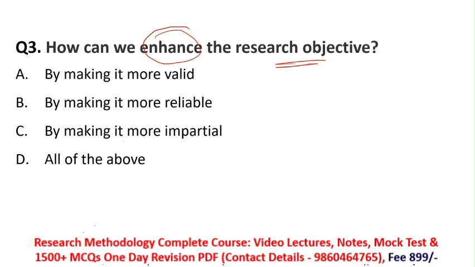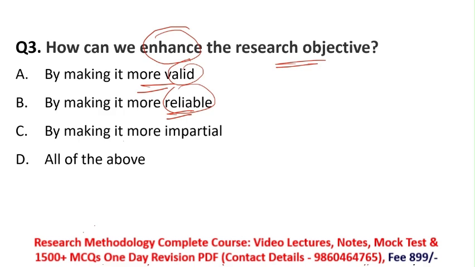Option A, by making it more valid, and option B, by making it more reliable. You should know the meaning of valid and reliable also. This is a very important part of research. Reliability measures consistency of scores across time or different contexts.